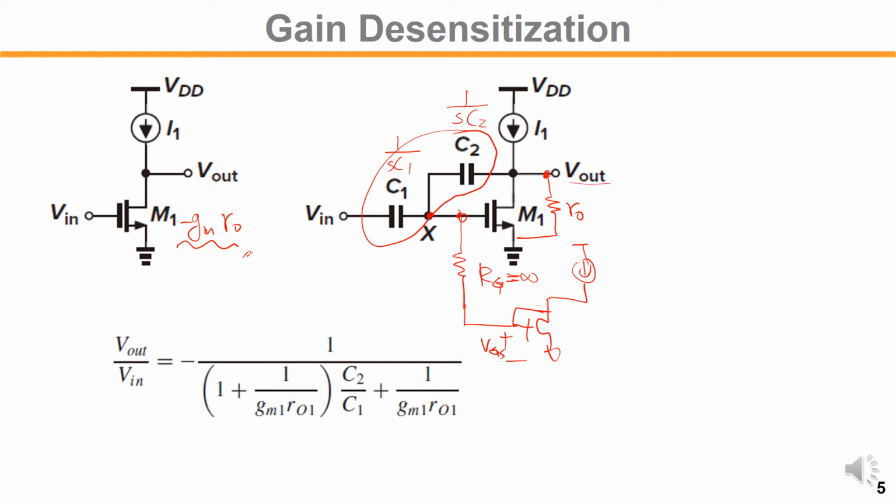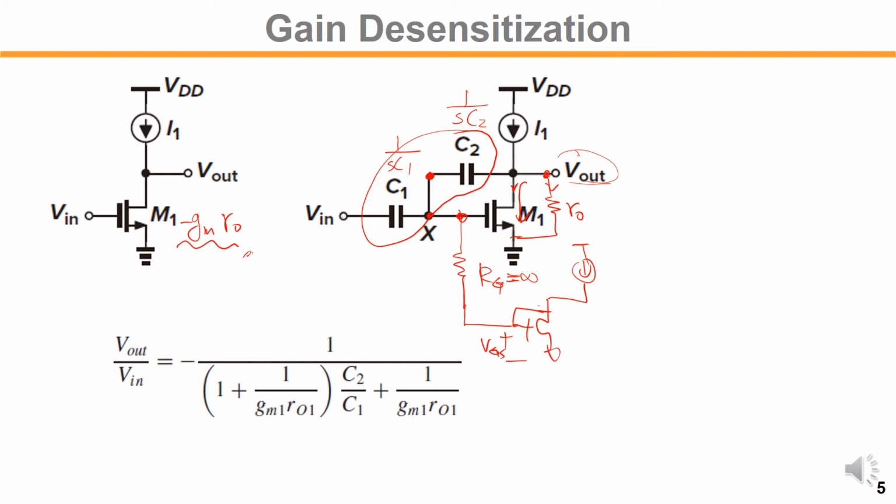Here at V out, the current through RO would be V out over RO, right? We have to identify all the currents through the transistor and resistor. A fraction of the output voltage appears at the Vx node, and that creates the transistor current, so we can find that.